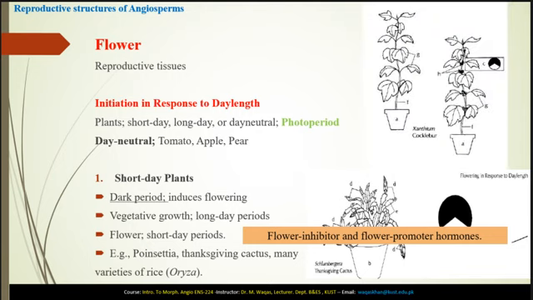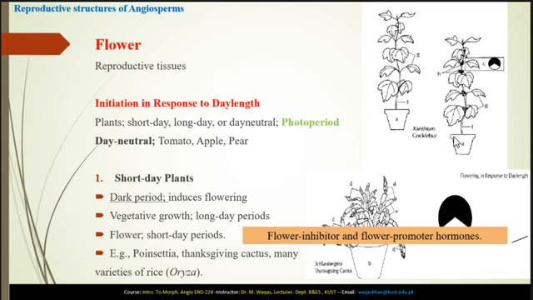Take the example of a cucumber plant. If only one mature leaf is exposed to short day, while the rest of the plant is exposed to long day, the flowering will result.